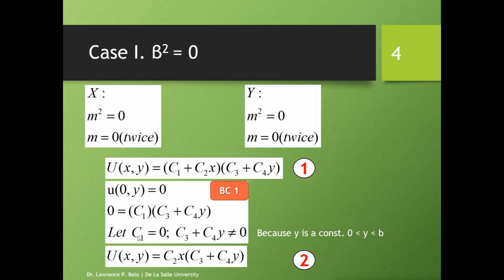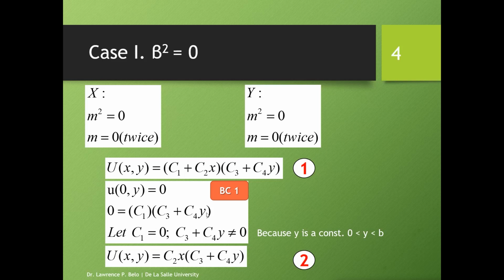Now, I can see here my final conclusion: if our C1 can be 0, then the whole line will be equal to 0.